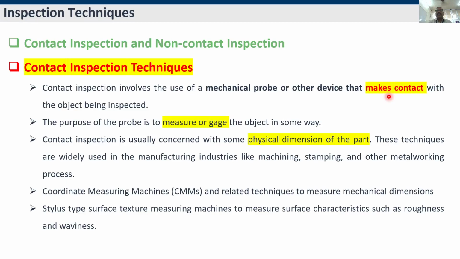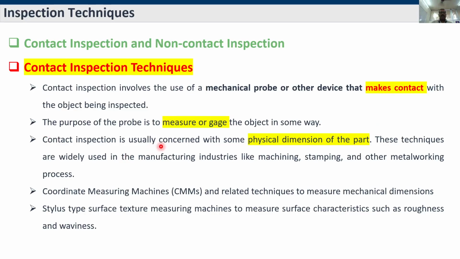Measuring is finding the original dimensions of the component, but gauging is to compare, maybe with a mechanical comparator or electronic comparator using dial indicators. Instruments can be used for measuring and also for comparing. If the same instrument is used to compare what we are measuring with the standard value, it is called gauging.